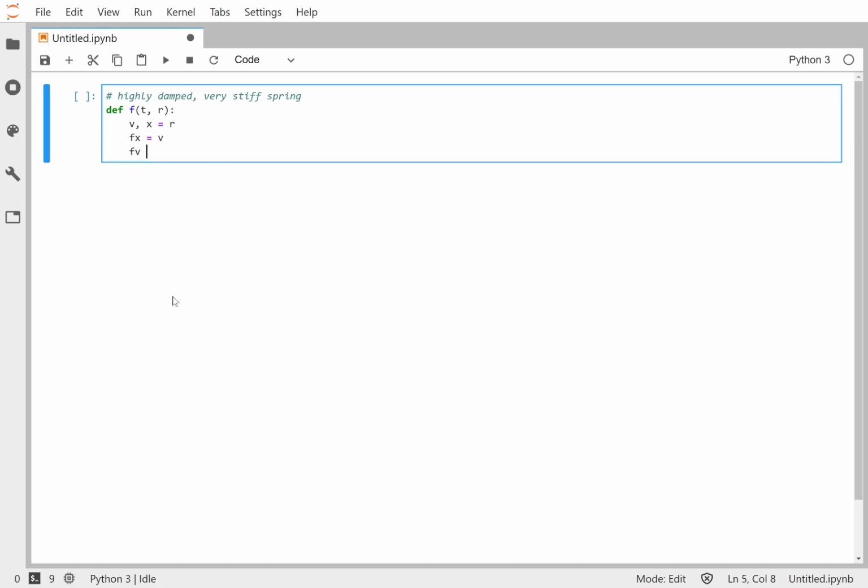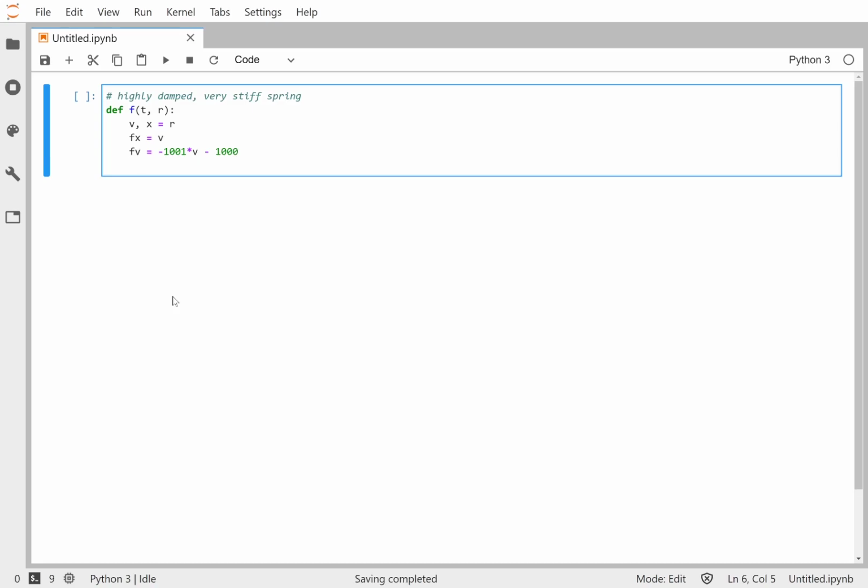And then fv is going to be negative 1001 times v, so this is the damping coefficient, depends on velocity, and then our spring constant will be 1000. Okay, so we have these two large-ish, pretty close to each other numbers. That actually gives us kind of a lot of trouble numerically. And we're going to return fv and fx.